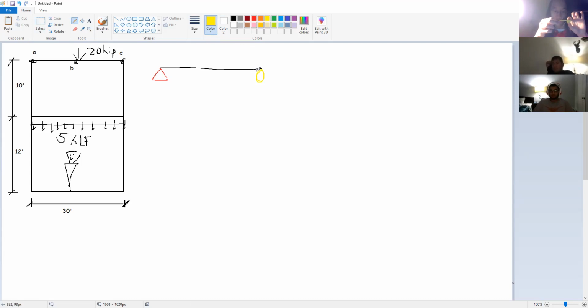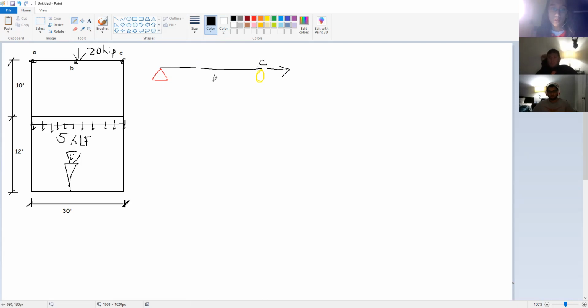Okay. So remember, we just took this off the top of the thing, and then just to hold it together, we showed this is a pin, this is a roller, and there's our load. Cool. So we have our reaction forces. I'm going to draw these in black. We have our X reaction force right here.